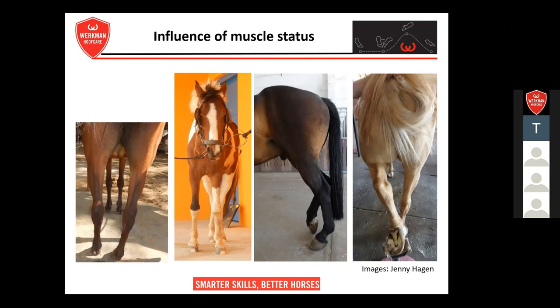So sometimes if you trim or shoe a hind foot and you just try to lift it and pull it a little bit to work on it, you can sometimes see that it's quite skew. So the hoof, if you just lift it in statics, is already not able to work in a normal sagittal plane. So if you have deviations already in stance, you definitely see it also during motion.